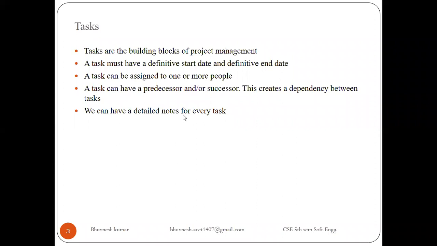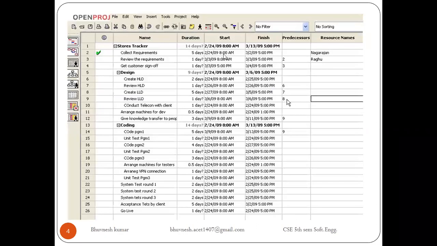We can have a detailed note for every task. We will give proper naming, resources, start time, and end time. Side by side, your Gantt chart is developed, and here is a screenshot of how we provide a task and its duration. Here, Store Tracker is a single task, and under Store Tracker there are indents.